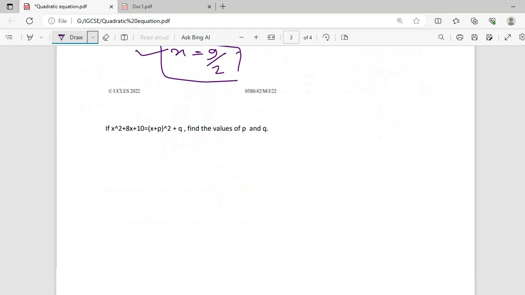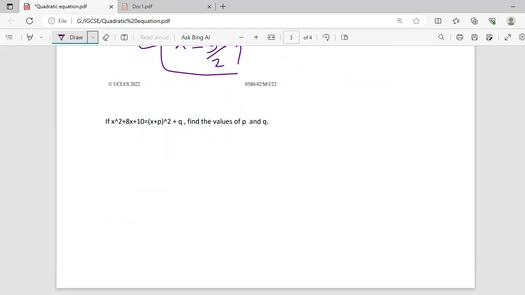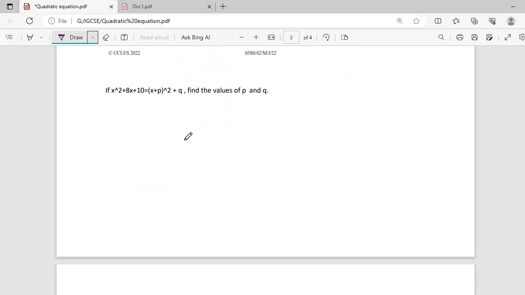Now there is another question. If you see here, x square plus 8x plus 10 is equal to x plus p whole square plus q. Now from this we have to identify the value of p and q.